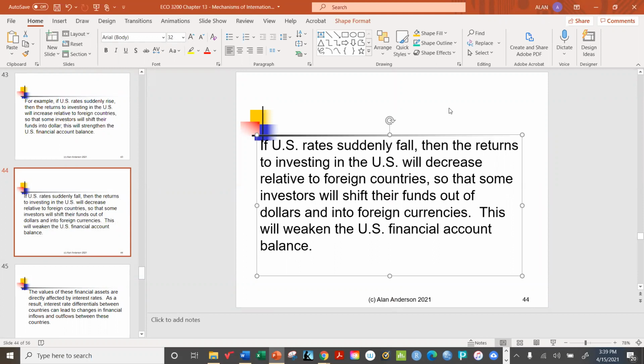So their prices are what really matters to potential buyers of these products that we make. Whereas here, what investors are really hoping to do is earn the highest possible rate of return by deciding whether to keep their money in dollars or in foreign currencies. All of this activity will make itself felt in the US financial accounts balance.